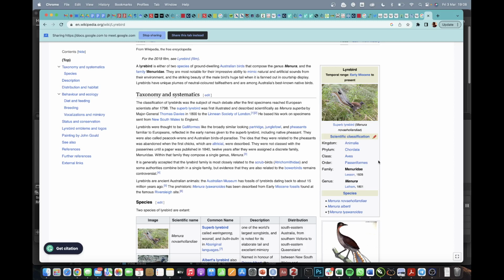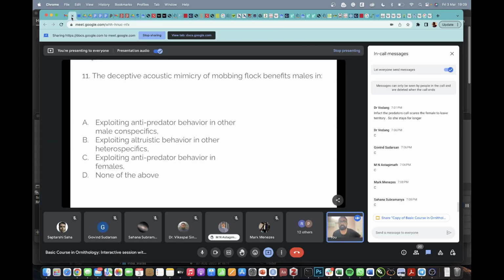They are closely related to scrub birds, Atrichornithidae, or bowerbirds. People might have heard of bowerbirds, right? Yes, sir.